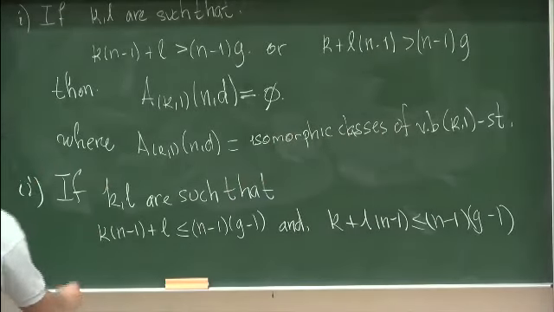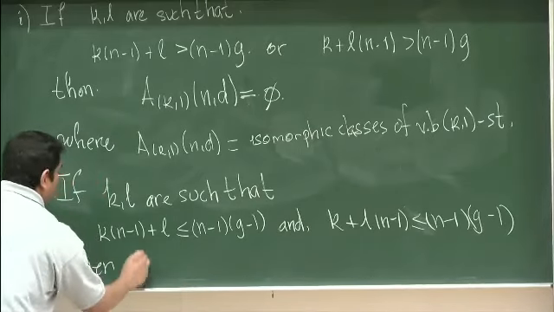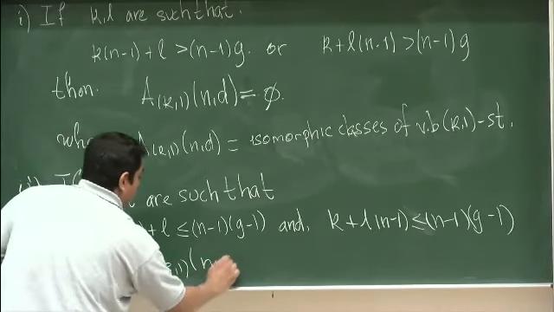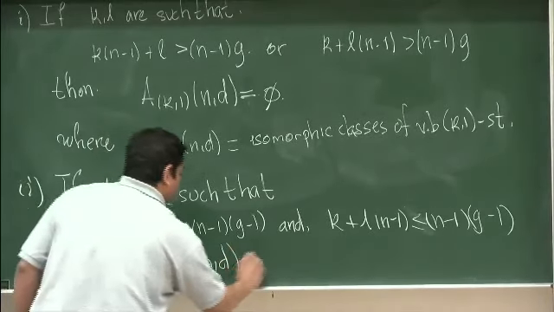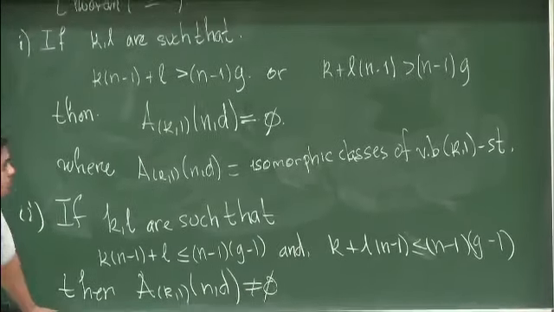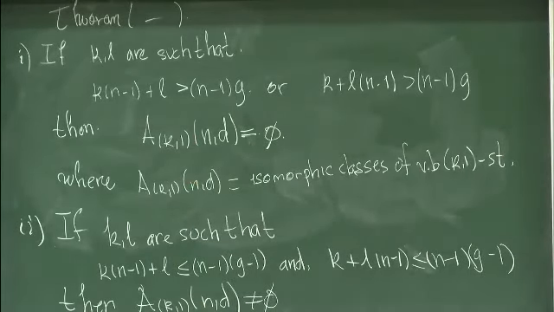Then in this case, we have a KL stable vector bundle. In this case, it's not empty. That is a numerical condition for the existence.